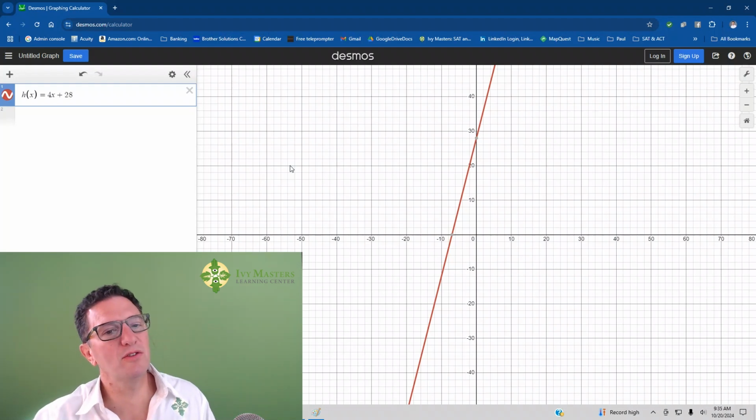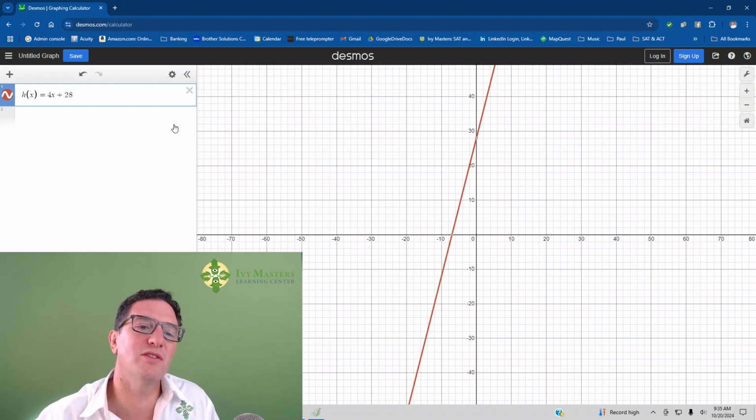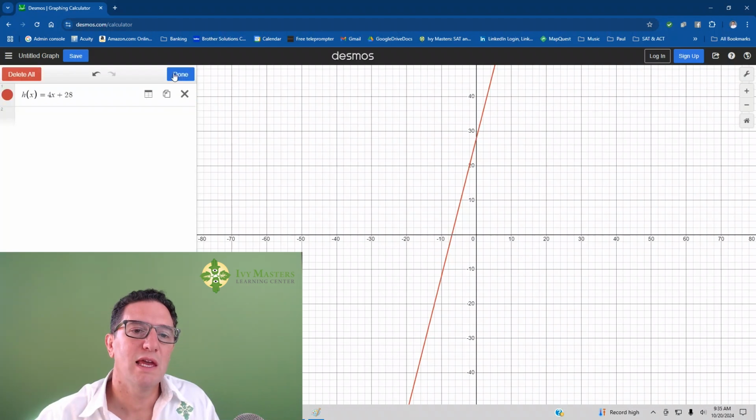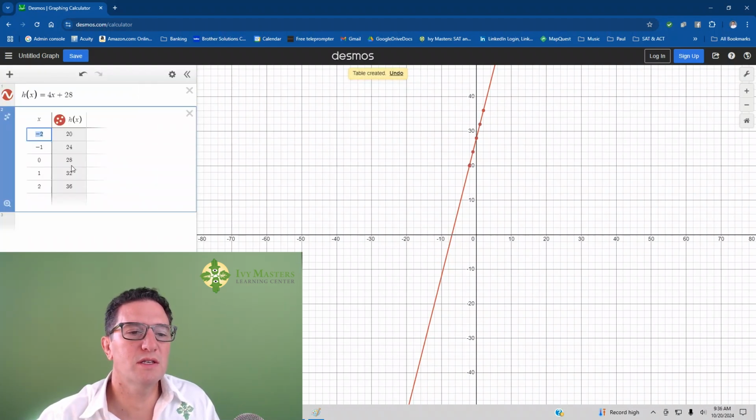Lastly, I don't recommend using Desmos in this way, but this is another thing that you should know. When you've got an equation up here, hit the gear and choose the table. Here you can see that the y-intercept is 28. If you want the x-intercept, notice this goes lower as the x gets smaller, the y, or the h of x, is getting smaller as well.